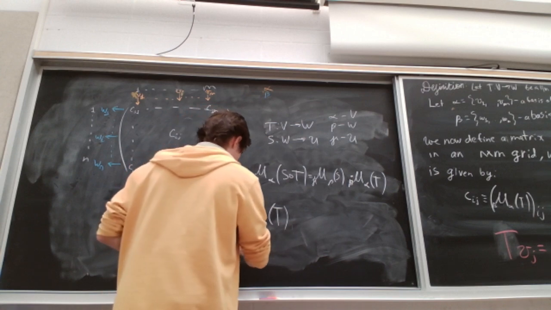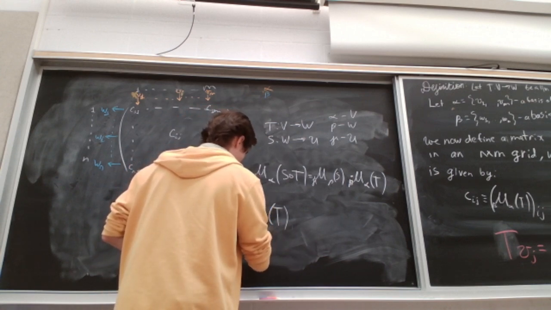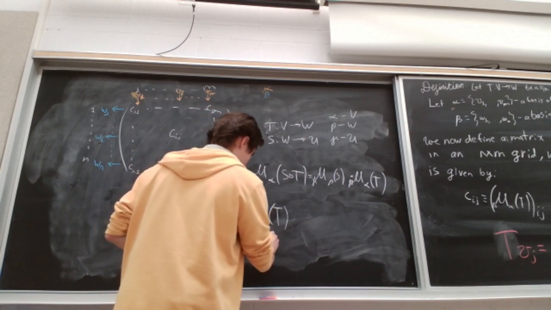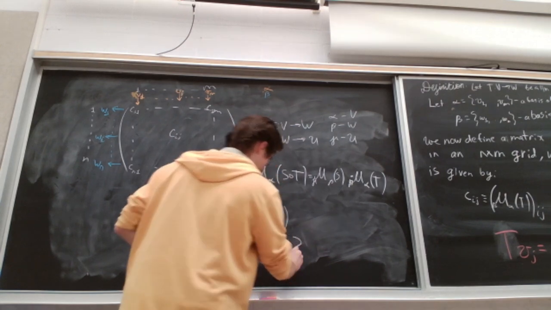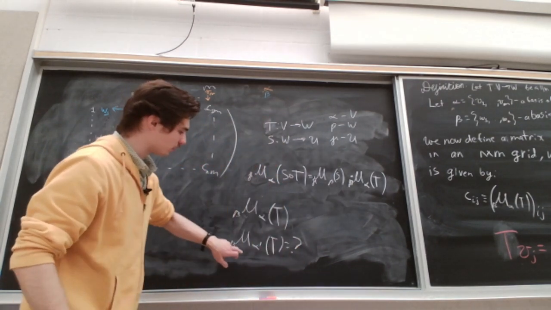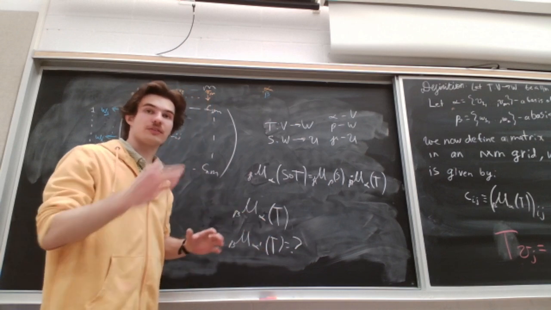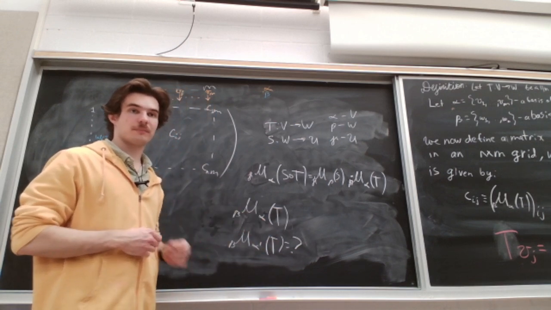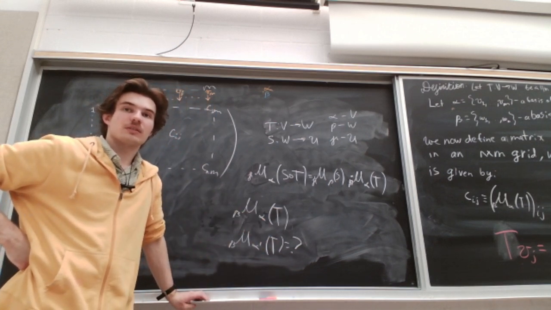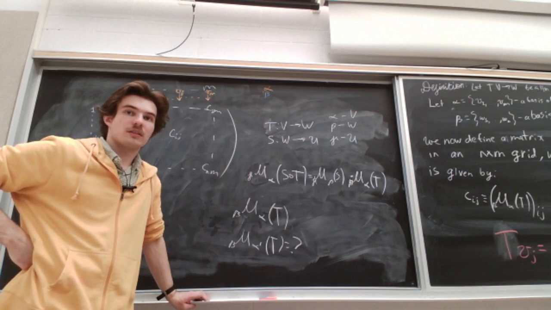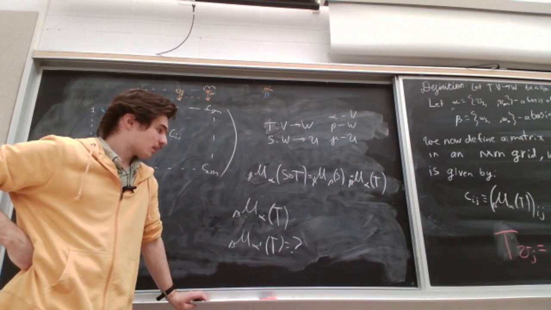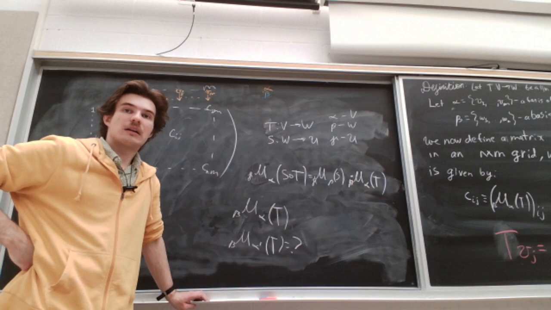So the question is, if I know this, how can I find this? How can I change the input basis? Yes? You would have another matrix that you're multiplying it by, and that one has alpha prime as the input and alpha as the output.